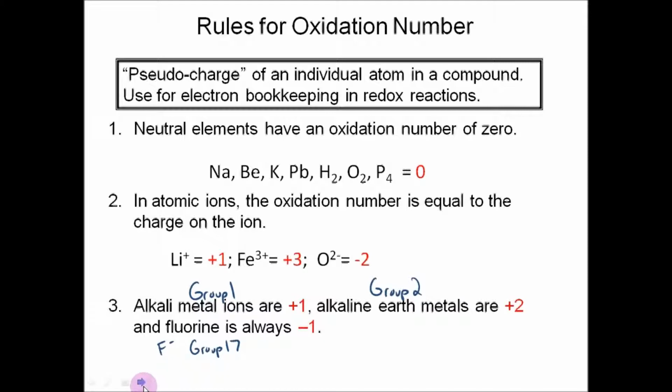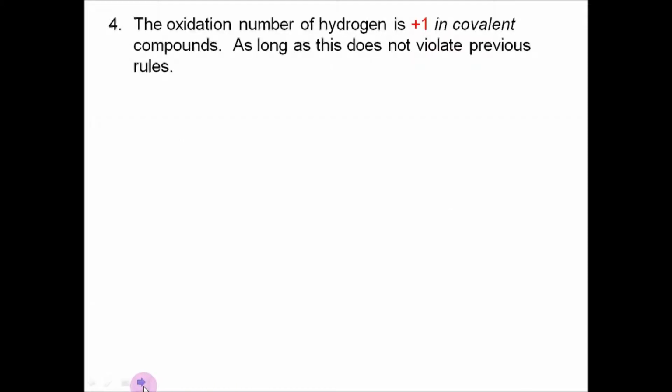Rule number 4. The oxidation number of hydrogen is plus 1 in covalent compounds. All right, as long as this doesn't violate one of the previous rules, 1, 2, or 3, hydrogen is going to be plus 1. So we'll do an example of this here in a second, but basically, if we think of hydrogen when it's bonded to an alkaline earth metal, beryllium hydride, the beryllium we just said had to be plus 2.